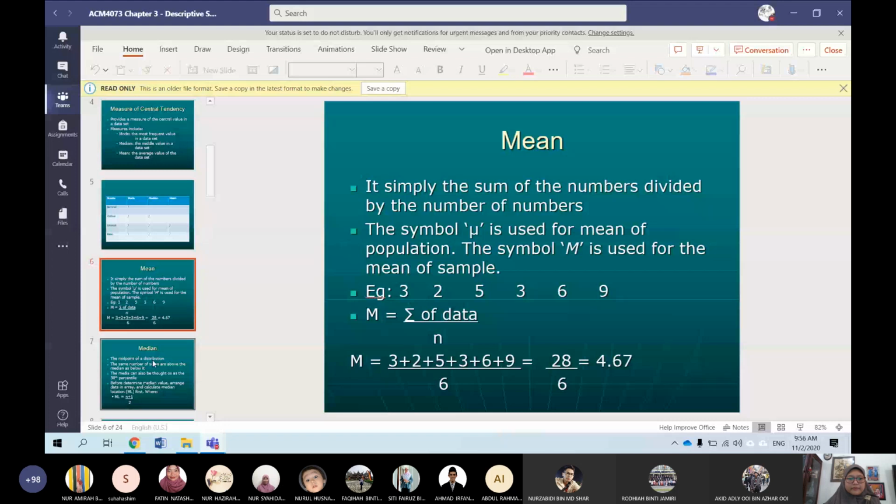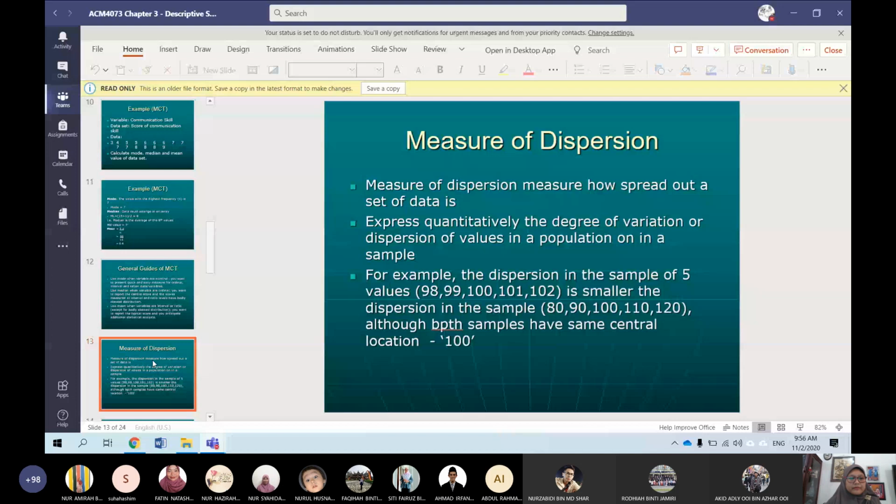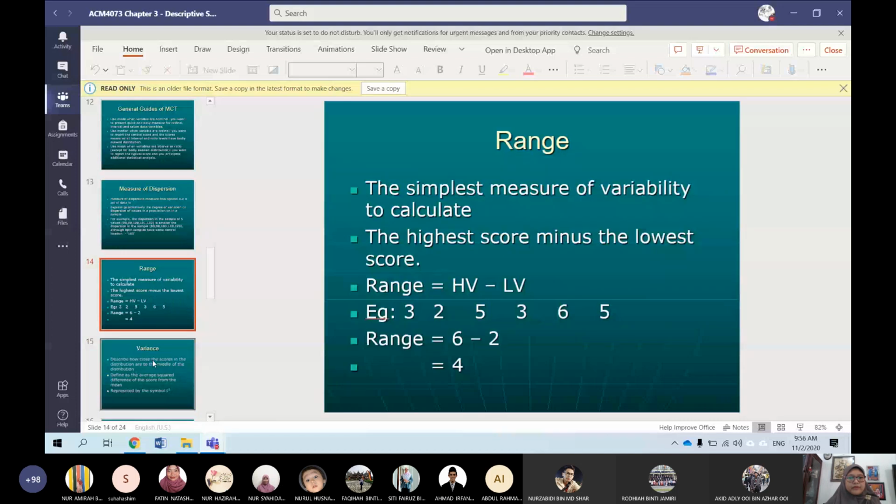Variance. Okay, now let's look at variance.